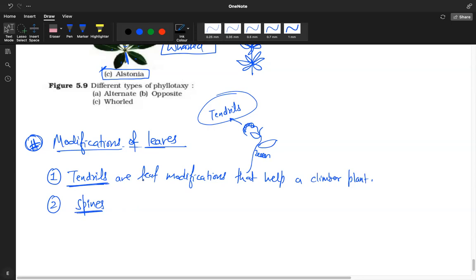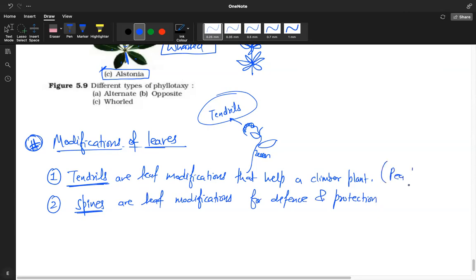Okay, and spines are leaf modifications for defense and protection. And this happens in cactus plant.